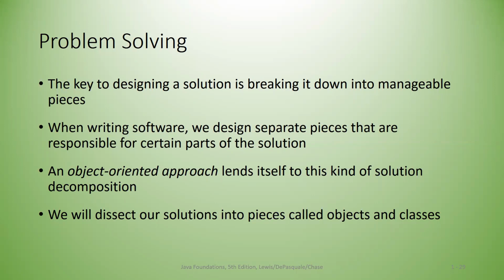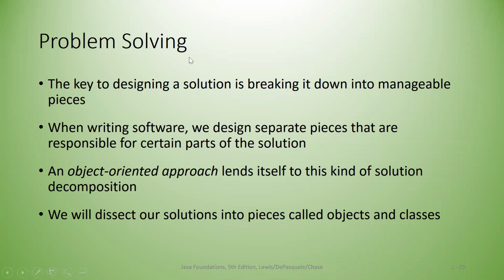The key to designing a solution is to break it down into many pieces. When writing software, we design separate pieces that are responsible for certain parts of the solution. That's why usually if you go to a company, you work in different teams, because one team will work on this piece, another team will work on another piece.